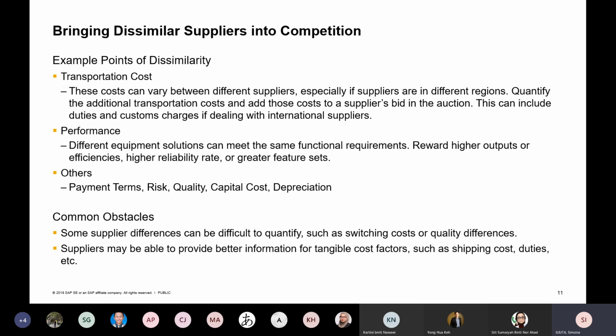Some suppliers do not accept those payment terms and they say, we only accept 30 days from invoice date. You can take this and quantify this answer, and transform the bids of the suppliers so that you cover yourselves for that impact that the payment terms may have on you.